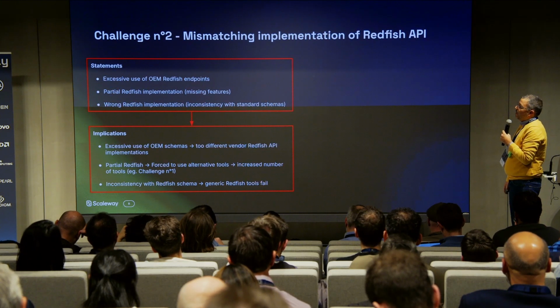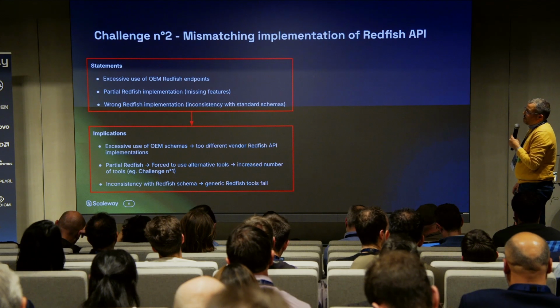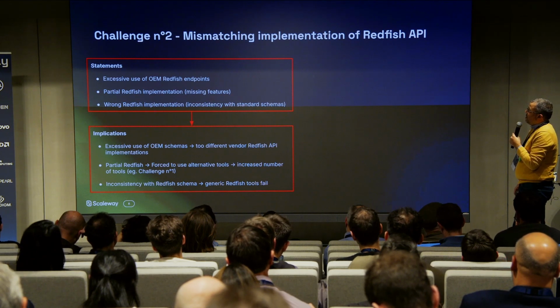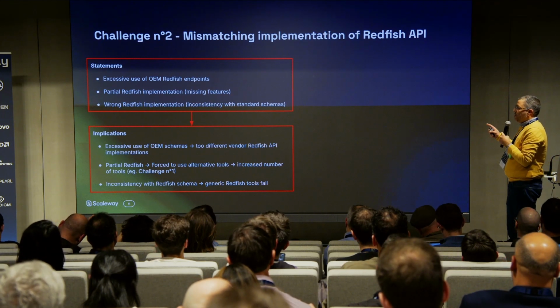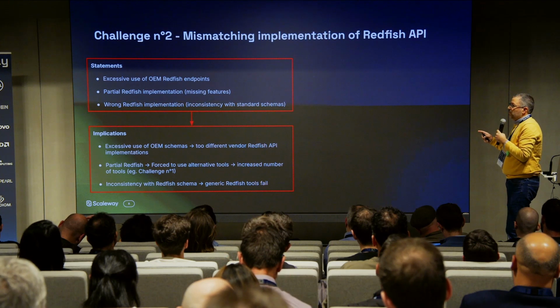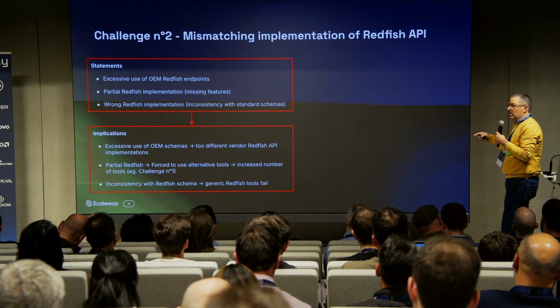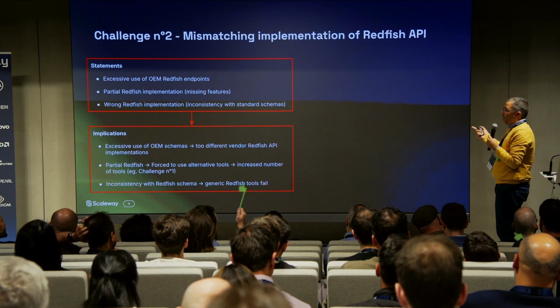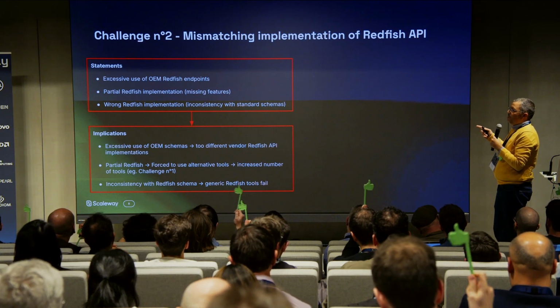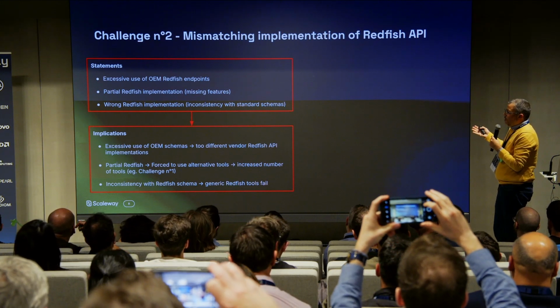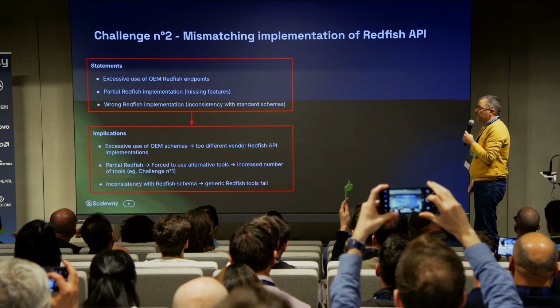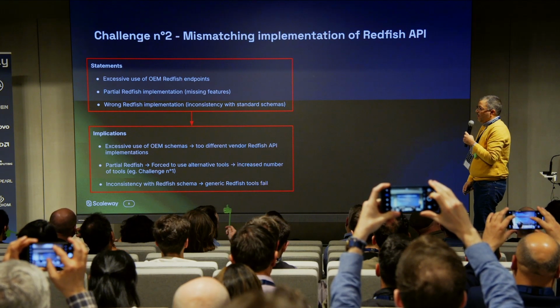Next challenge, number 2, is about mismatching implementation of Redfish API. This is the challenge that motivates me the most to propose this talk. For instance, it's about what I call excessive use of OEM Redfish endpoints.